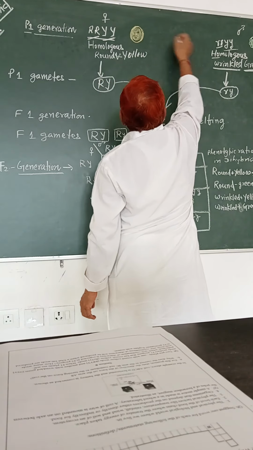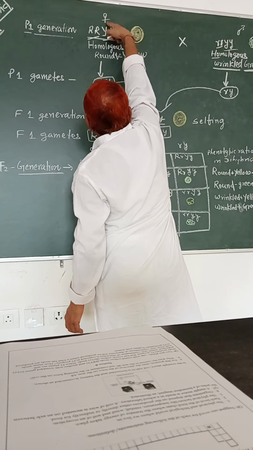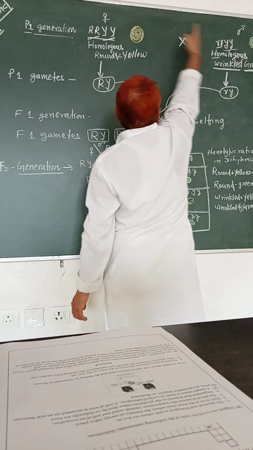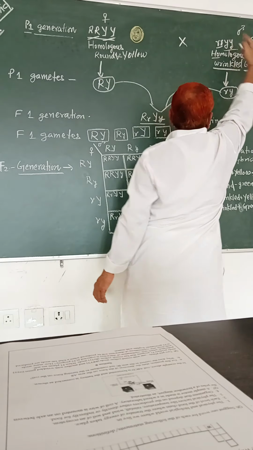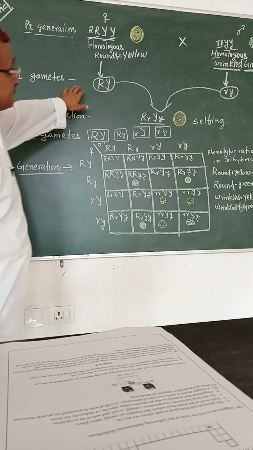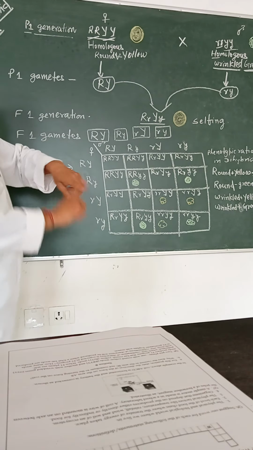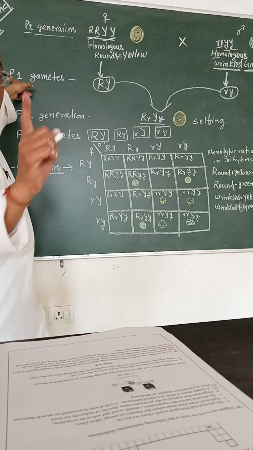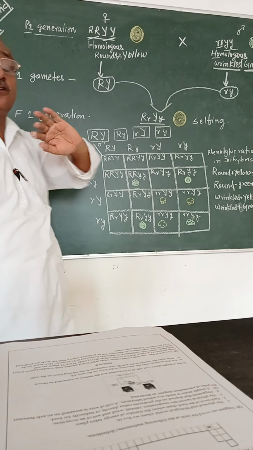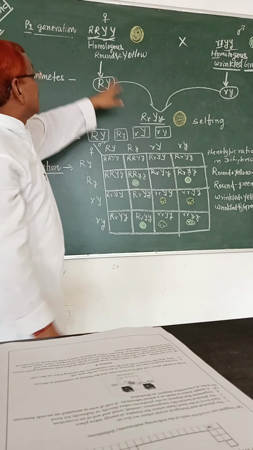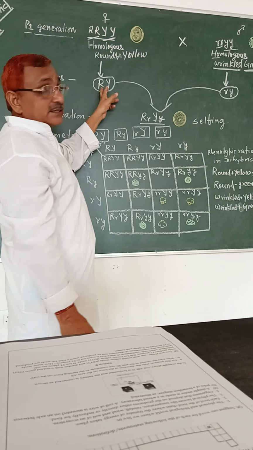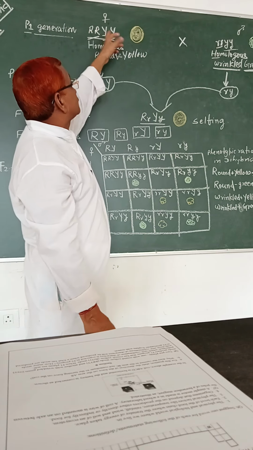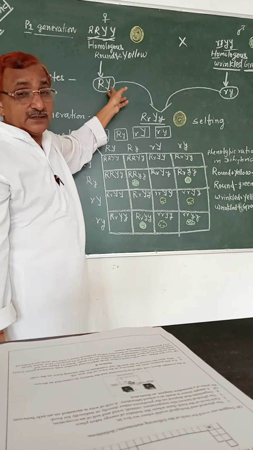This cross means you take the ovum, the egg, from this generation and pollen, the male gametes, from this generation. So if they are crossed, first of all we get the P1 gametes. Gametes are always haploid. So out of 2 R, 1 R enters the gametes. Out of 2 Y, 1 capital Y will enter the gametes.